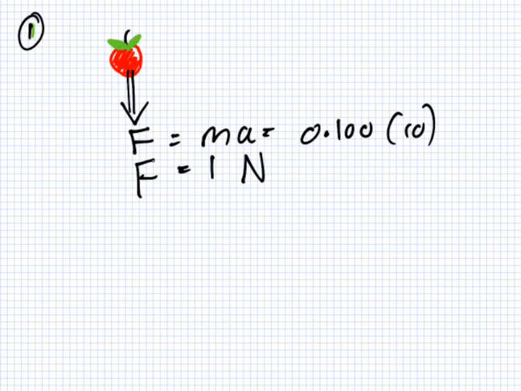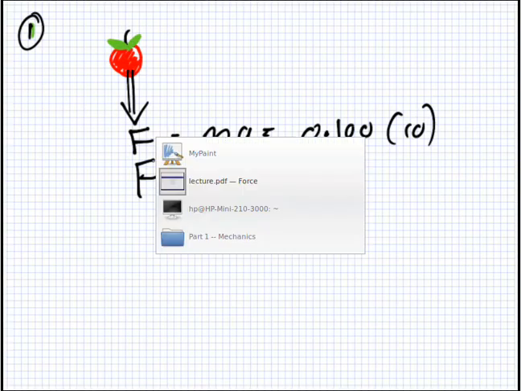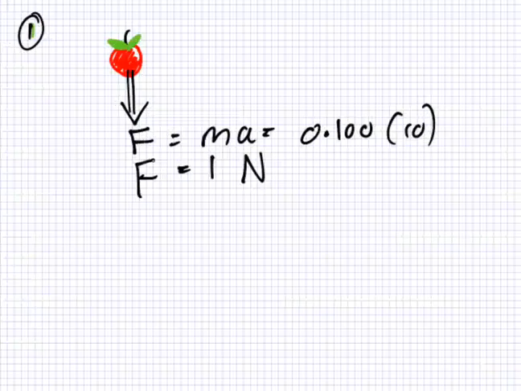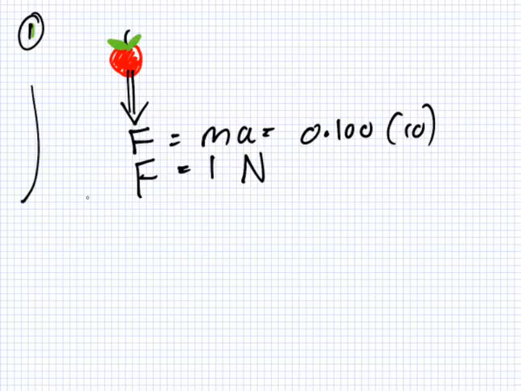Yeah? I was making a joke in question 1. Nobody saw my joke? No. A 100-gram apple falls on a sleeping physicist. Yeah, the Newton joke. Like you're supposed to, this falls on a sleeping physicist. There's the tree.